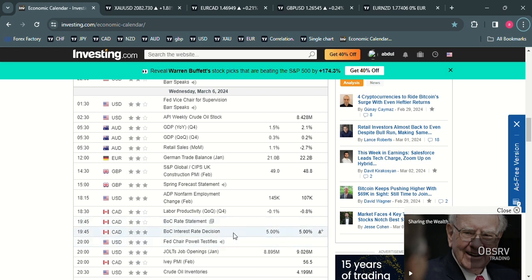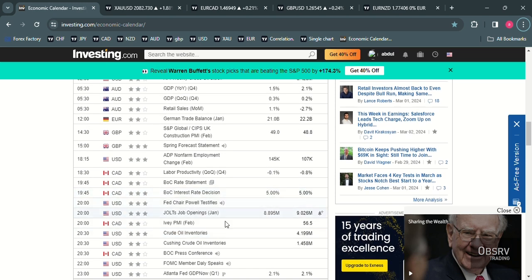Very high impact news. Interest rate on CAD, and then Powell is testifying about something. I don't know what, but I know that he's going to speak, and that's going to move the markets, and could be impactful. Job openings on Wednesday, and then we have this press conference is also pretty important.